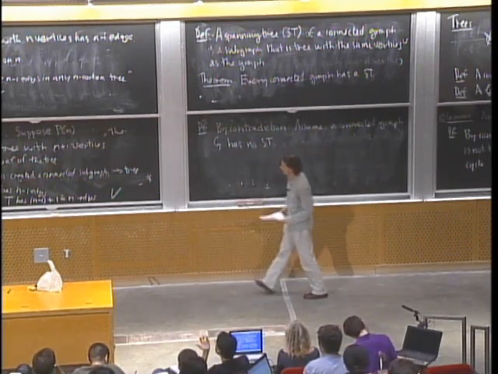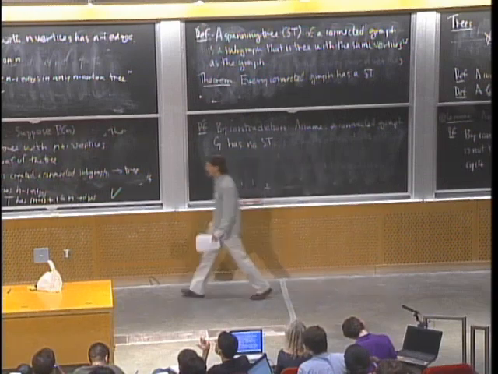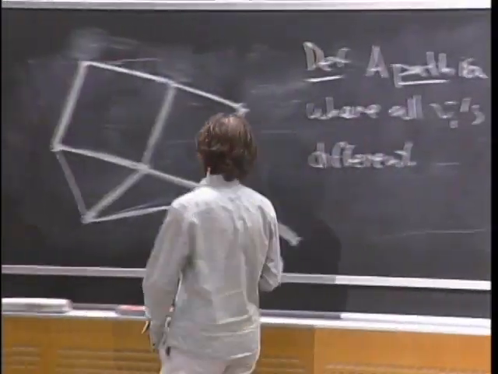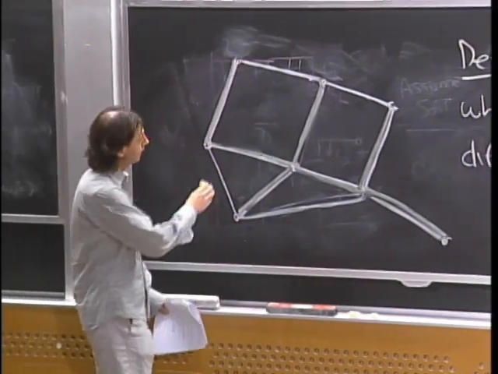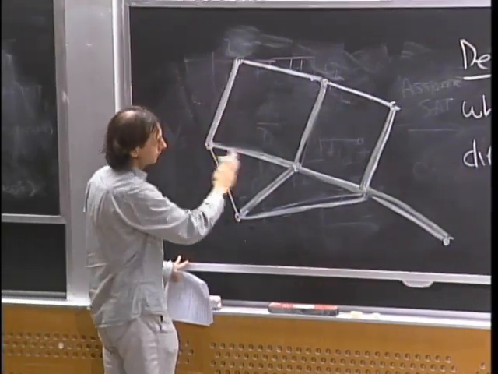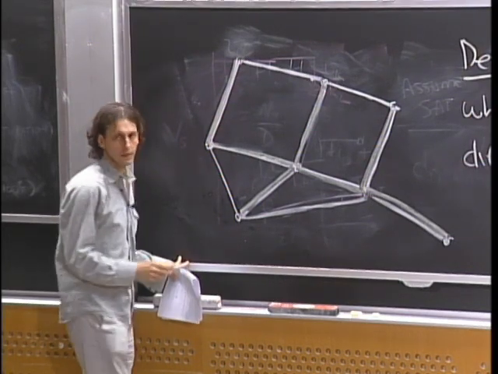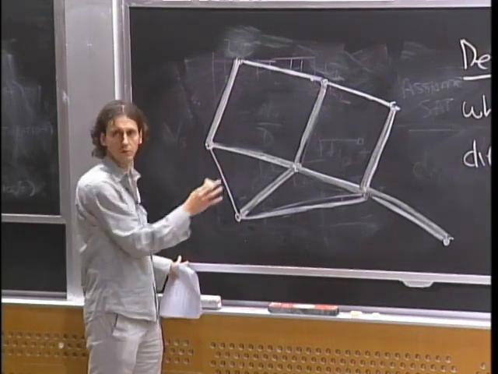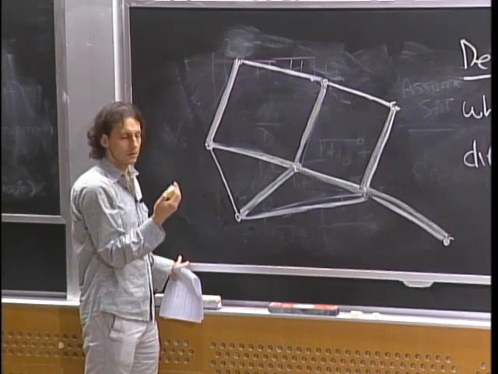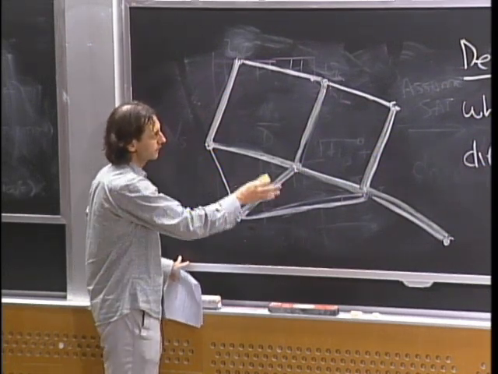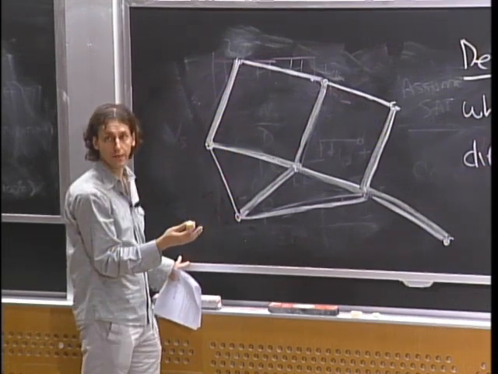Well, one of the nice things about trees is that if we have a tree, it seems like such a spanning tree is a solution to a subgraph that is connected with a minimum number of edges.